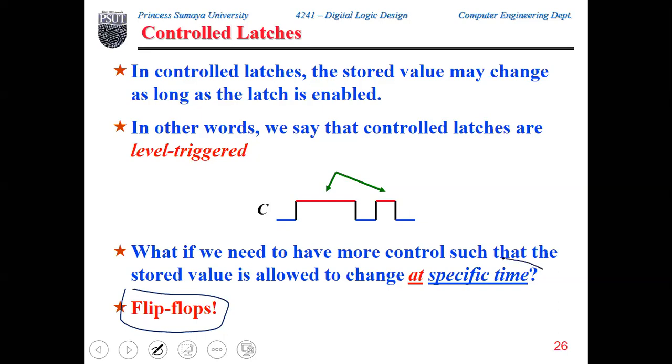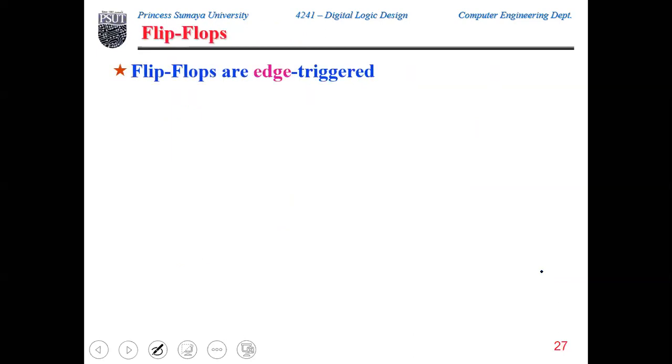So flip-flops are storage elements that are enabled at a specific instant of time. The latches were at any time. The clocked latches were during some time, while the flip-flops are enabled at a specific instant of time.